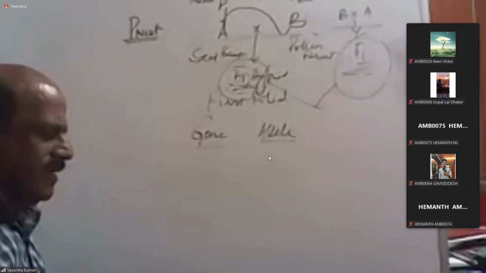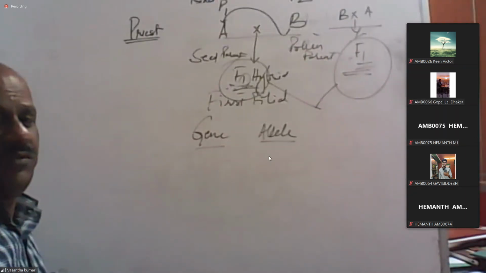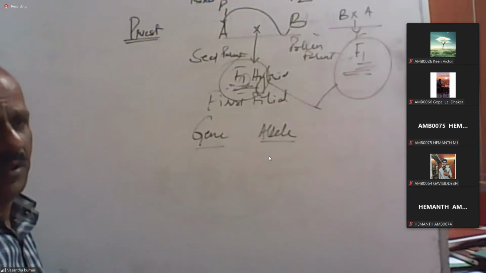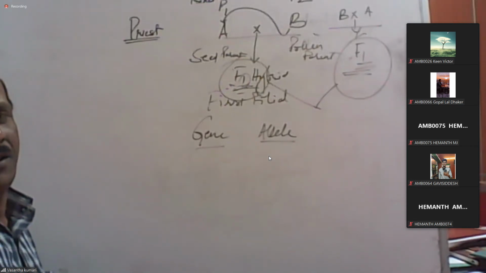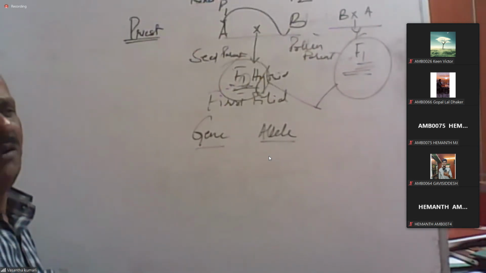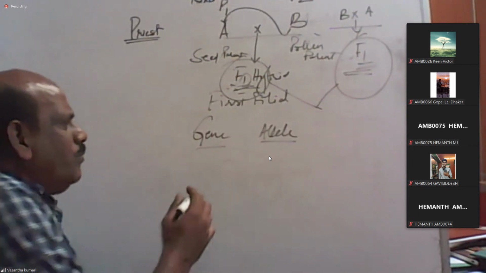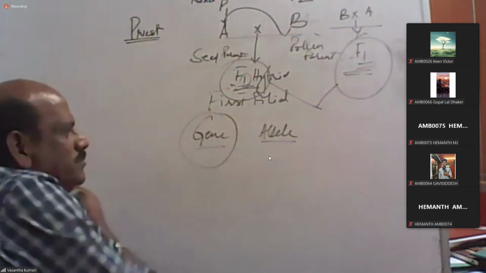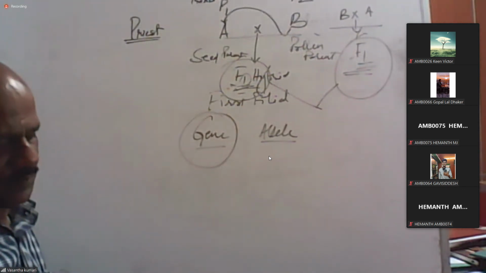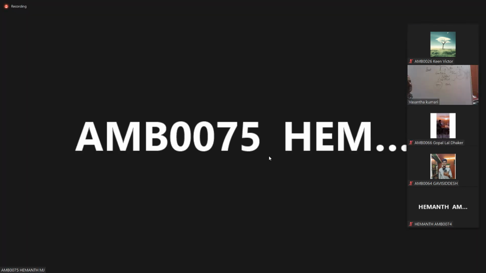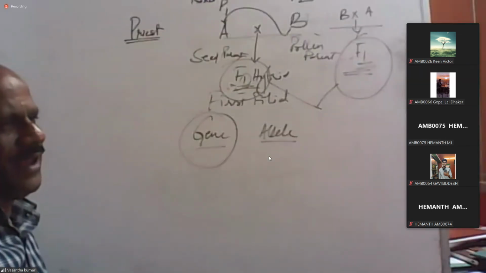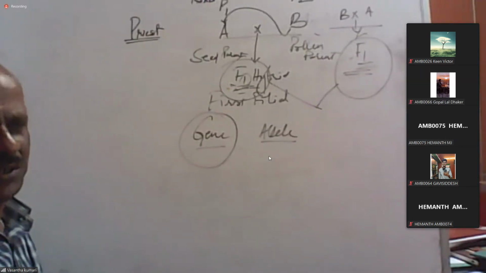No, Johansson gave the concept of genotype and phenotype. William Bateson. Anyway, what is a gene? How do you define a gene? Gene is a unit of heredity, sir. Anything else? That's a very primitive definition.